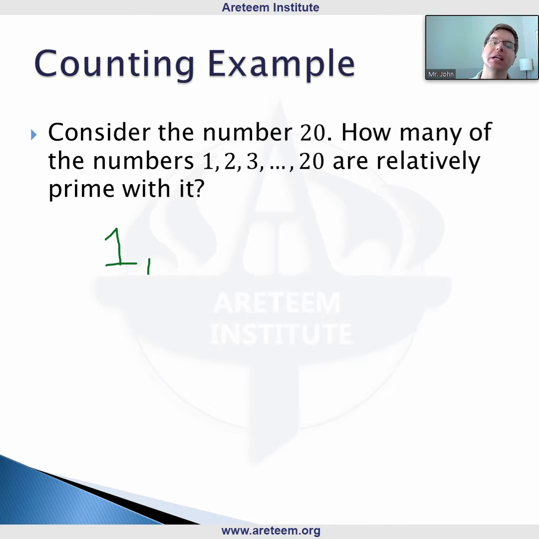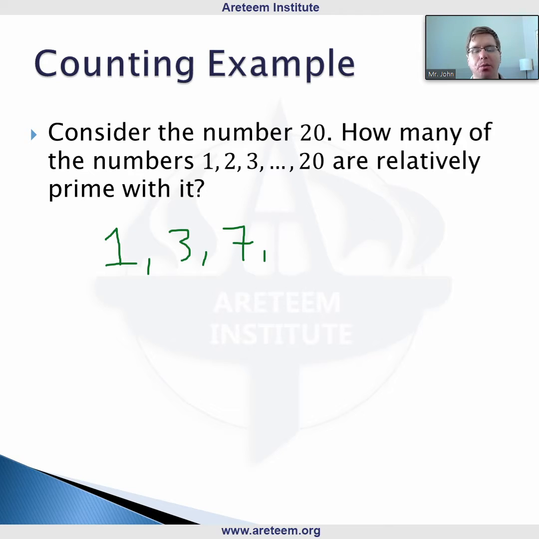But we also have to get rid of 6, because that has a common factor of 2. 8, 10, 12, any of the even numbers are not going to work here. 20 is not divisible by 3. It doesn't have any 3 in its prime factorization. We got rid of the 4 already. 5 is a factor of 20, so we have to get rid of 5 and 15 and so on too. 7 is relatively prime.